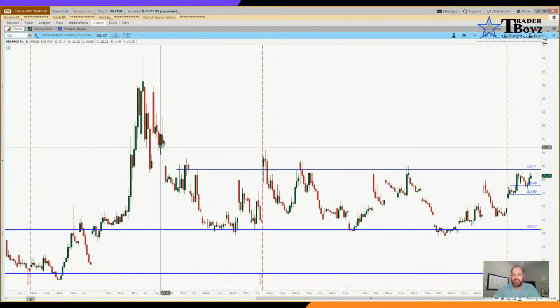And we should have a pretty good move to the upside if the market can reverse there. So right now, breaking above this 30 area is going to confirm those short transactions that we just talked about for the day trade.